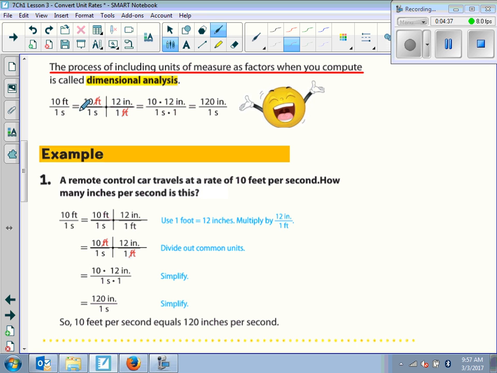So here, this is how they showed it. Feet and feet cancel. And now we are left with inches per second, which is what we want. The next step is just to multiply straight across. So when we multiply straight across, we end up with 120 inches in 1 second.